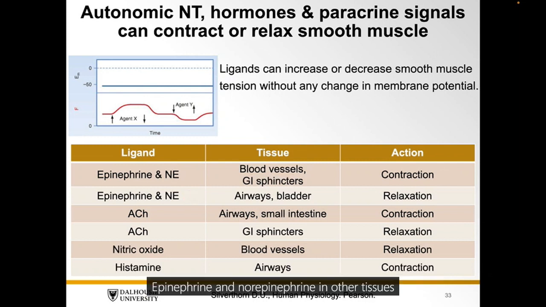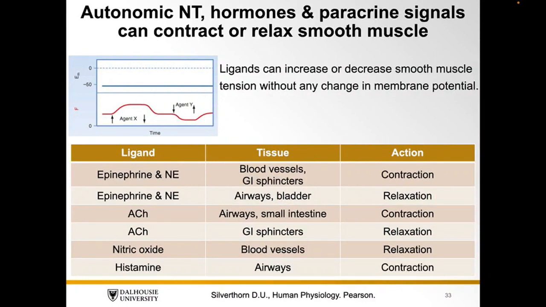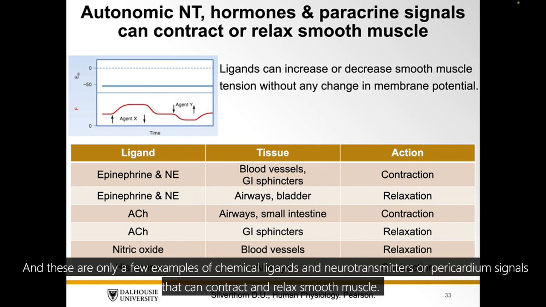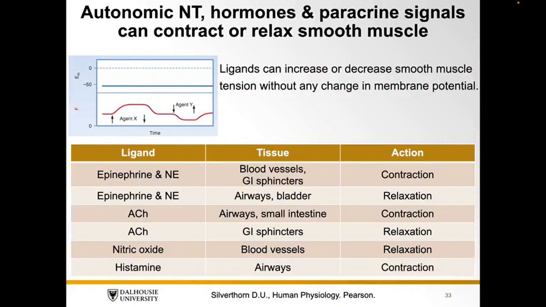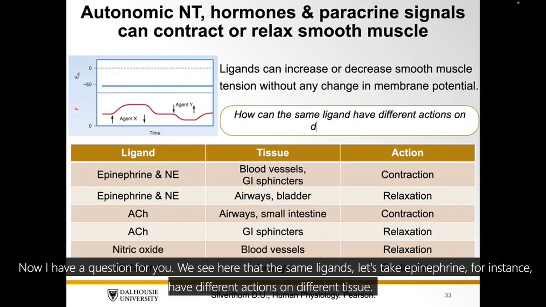Epinephrine and norepinephrine in other tissues lead to relaxation of smooth muscle. Smooth muscles can also respond to acetylcholine, nitric oxide, or histamine. And these are only a few examples of chemical ligands and neurotransmitters or paracrine signals that can contract and relax smooth muscle. Now I have a question for you.